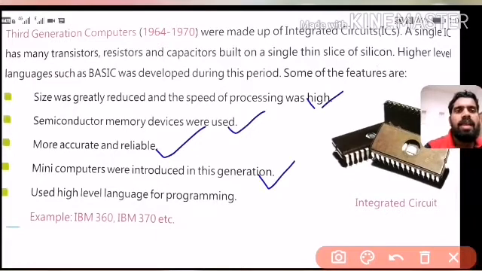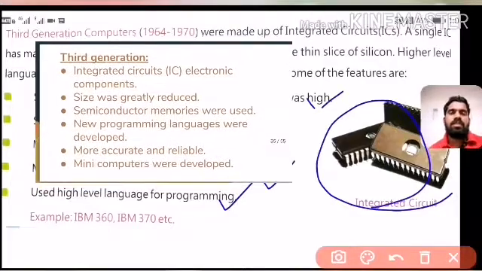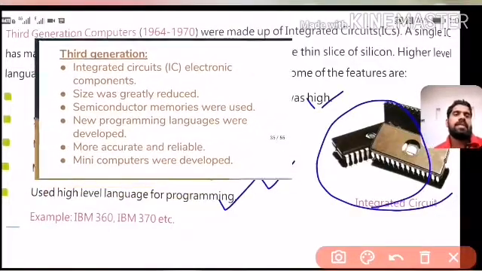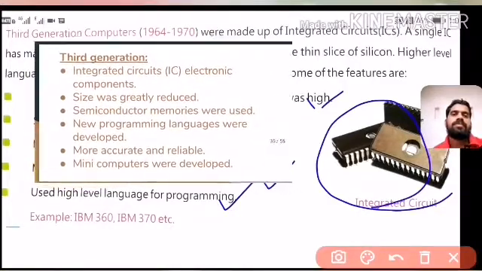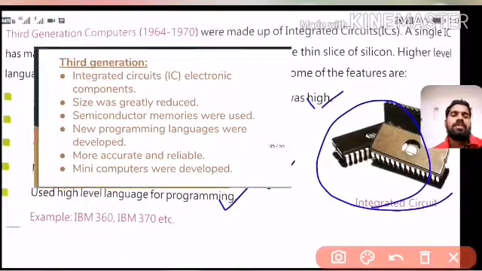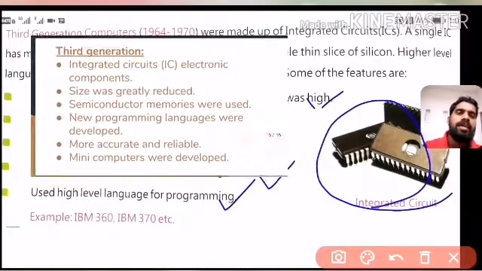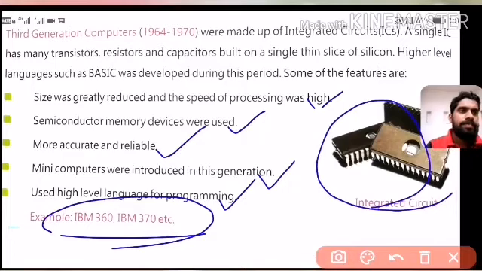Used high-level languages for programming. These are the integrated circuits. So in the third generation computers, integrated circuits were used. For example, IBM 360, IBM 370, etc. These are the computers that were used at that time.